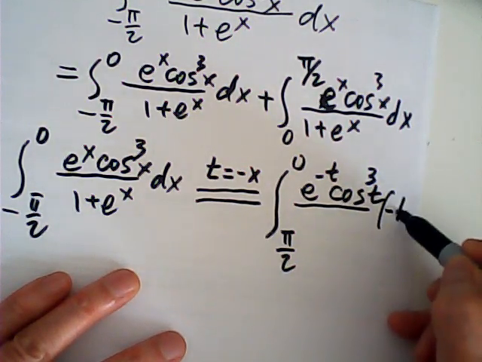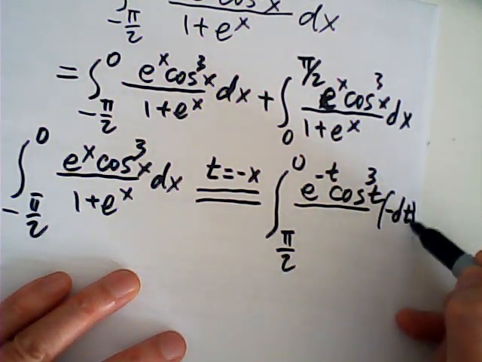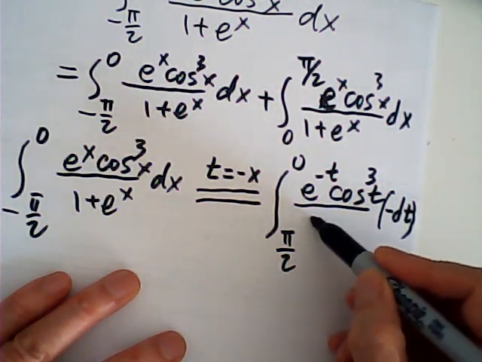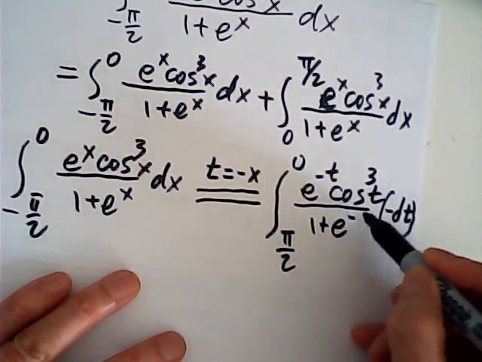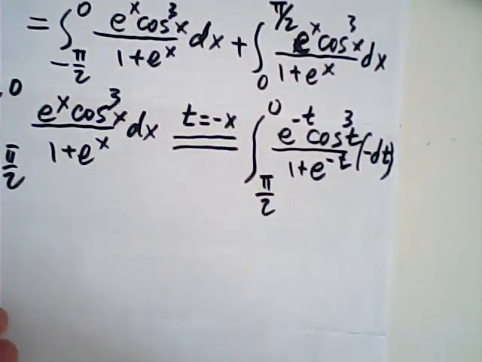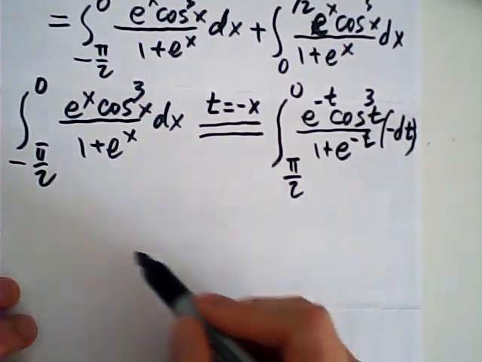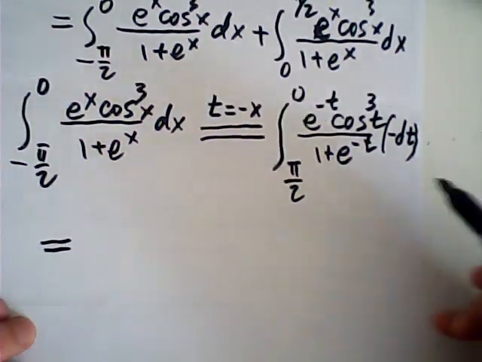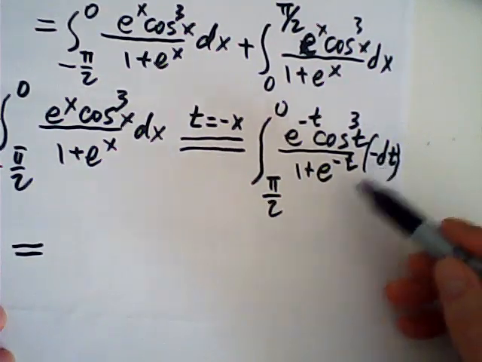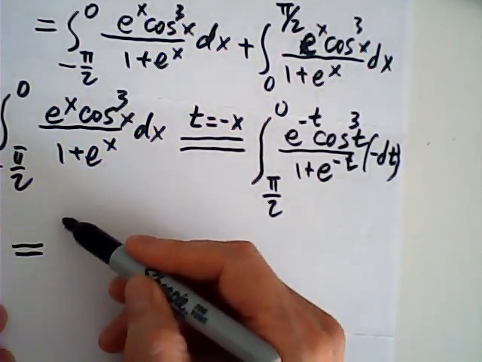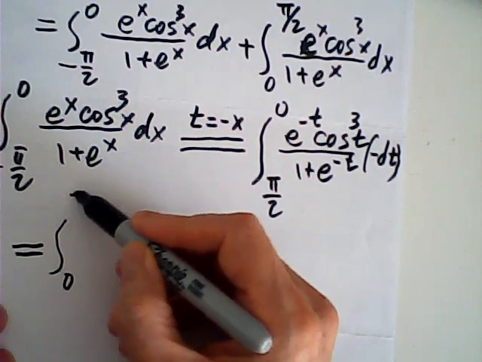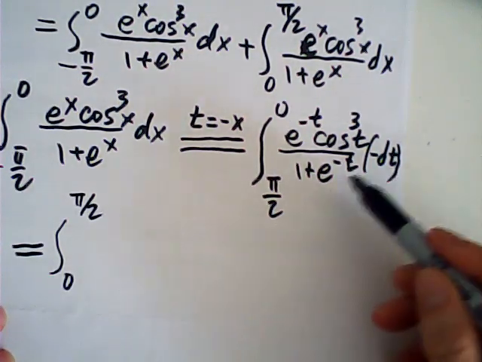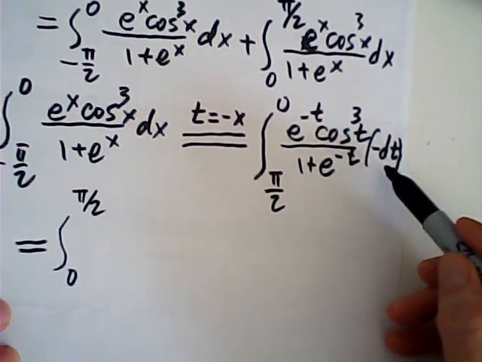This is negative dt, over 1 plus e to the negative t. Well, so far so good. Now this is negative, I switch the limits, and it becomes 0 to half pi. Therefore, this negative is gone.